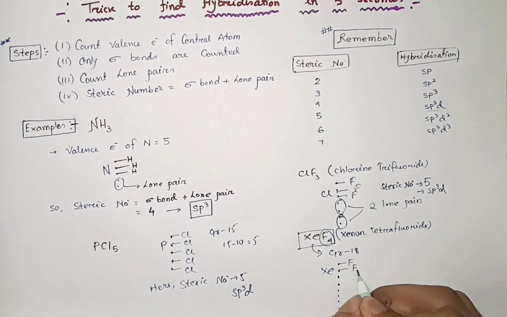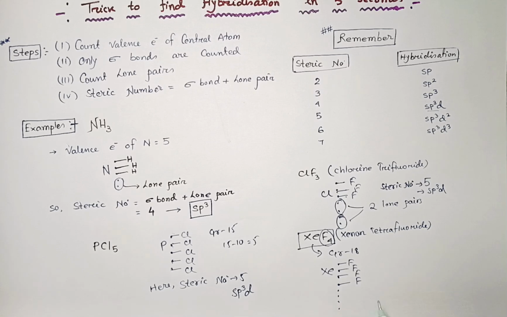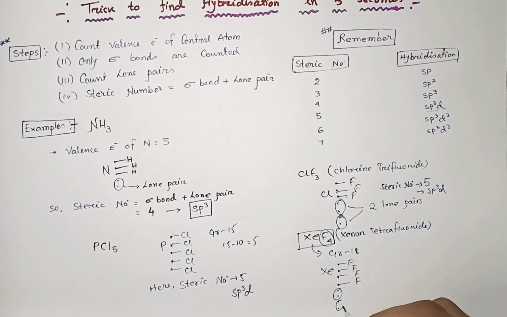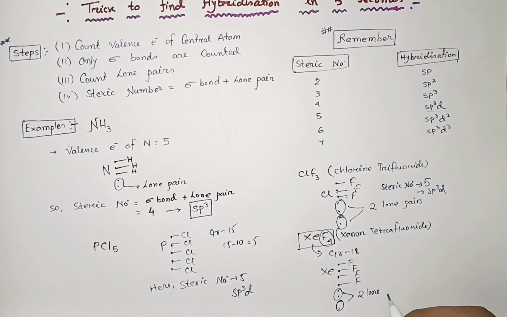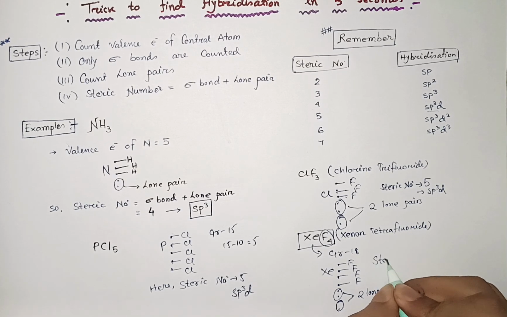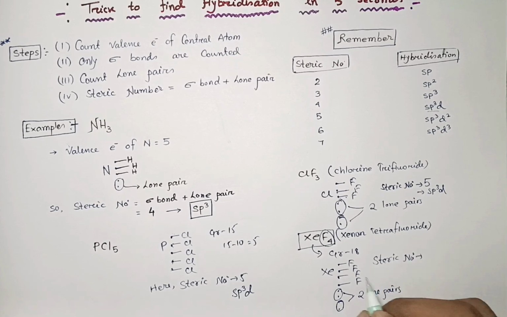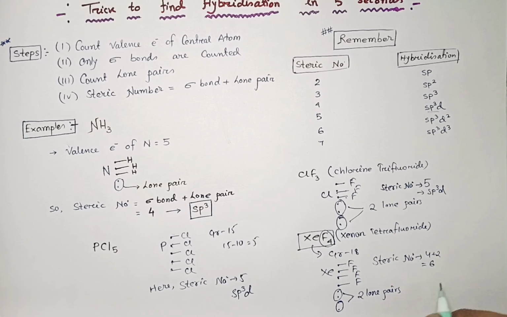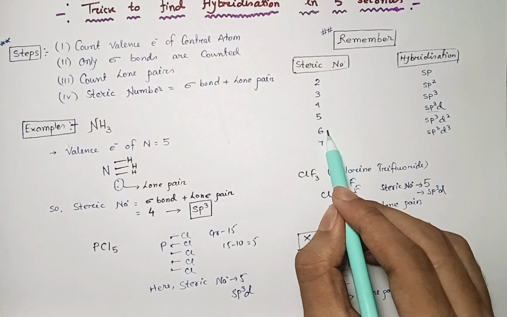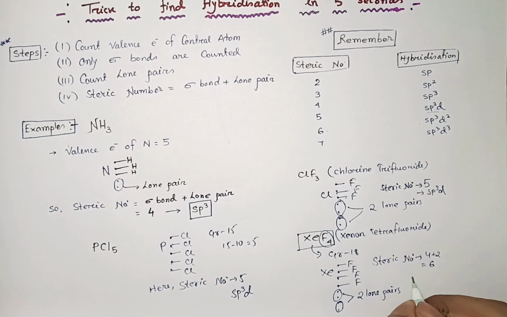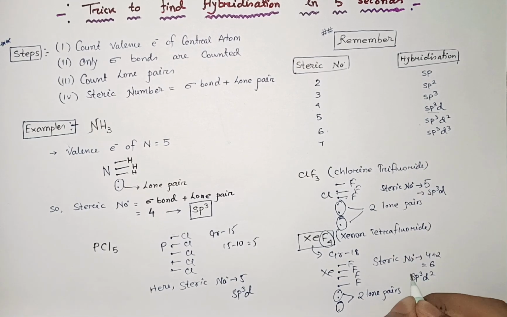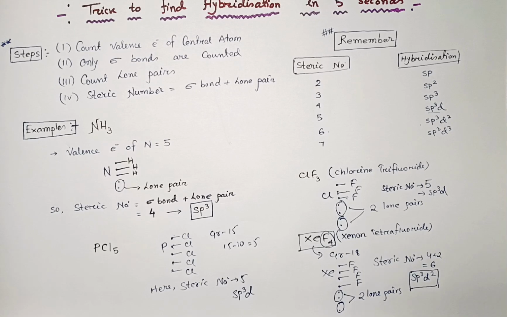So 4 valence electrons will be used up in making bonds, and we have 4 remaining valence electrons, and this leads to the formation of 2 lone pairs. So there are 2 lone pairs and 4 sigma bonds. So the steric number is 4 sigma bonds and 2 lone pairs, that is 6. And for the steric number 6 the hybridization is sp3d2. So sp3d2 is the hybridization. So this is all about the trick.